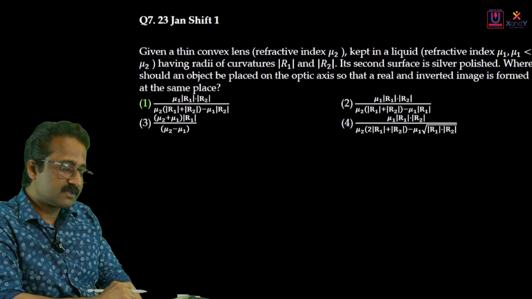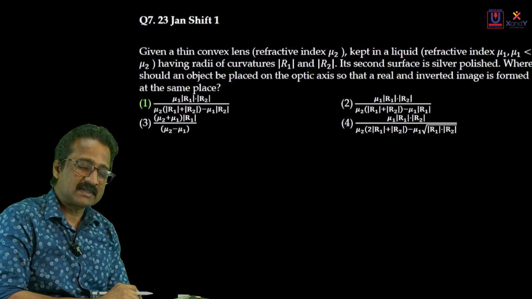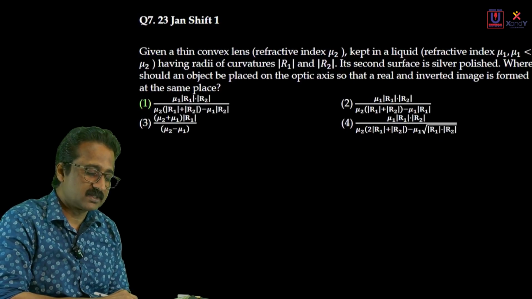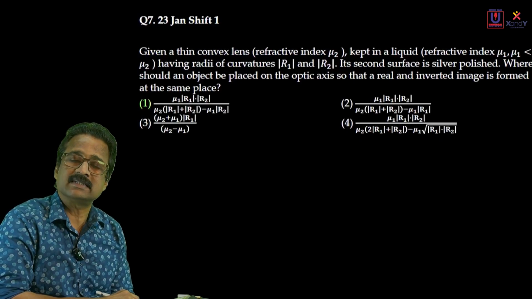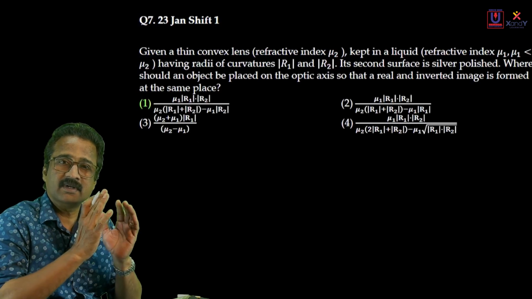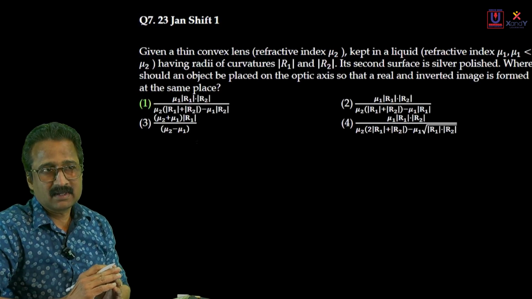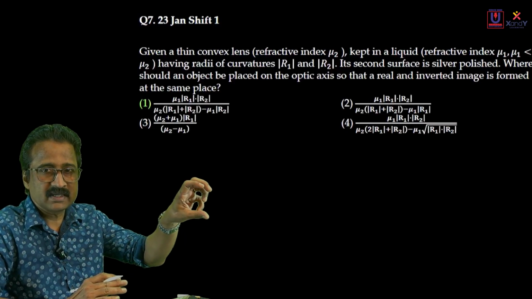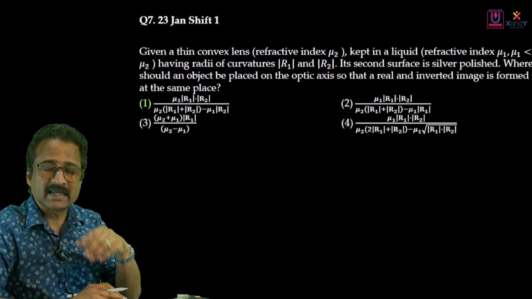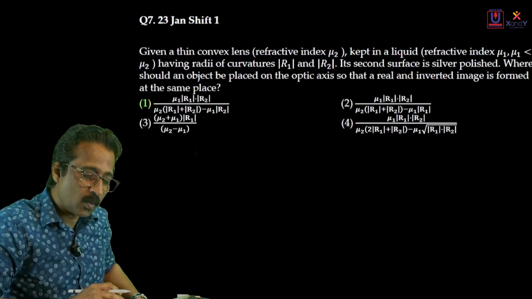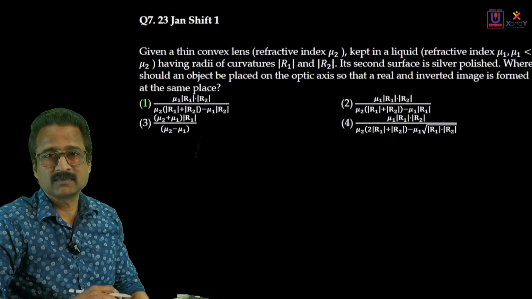Where should an object be placed on the optic axis so that a real and inverted image is formed at the same place? So this is a silvered lens again. Silvered lens immersed inside a liquid, and you have kept an object somewhere near the silvered lens in such a way that the image is coinciding with the object. So where should you keep it?